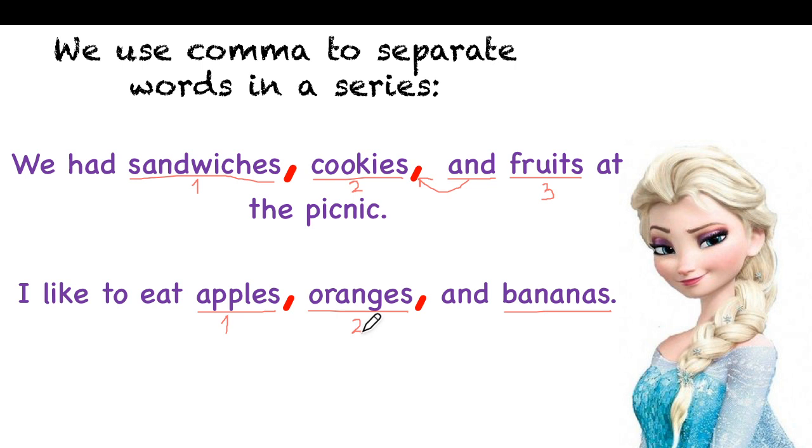Oranges is the second word in the series. I will put comma after it. And bananas is the last word in the series. The comma will be before the word and. No more commas. Do you understand? Good. Let's practice more.